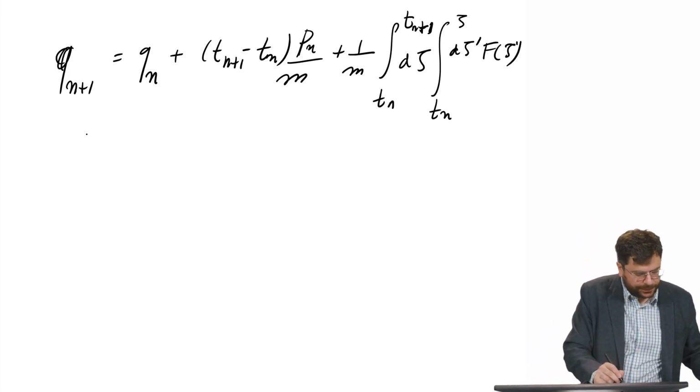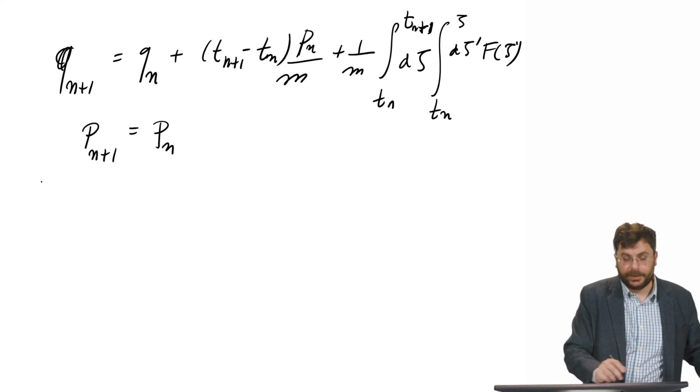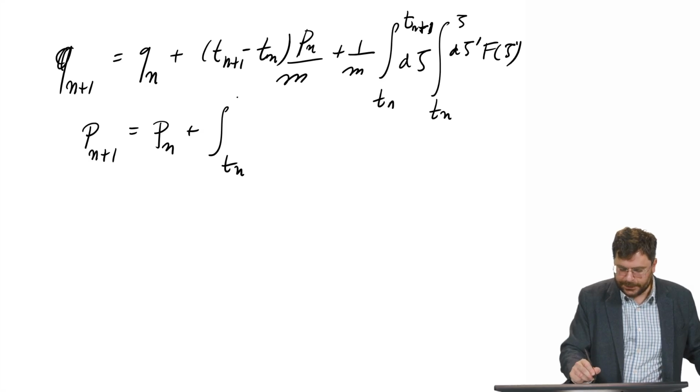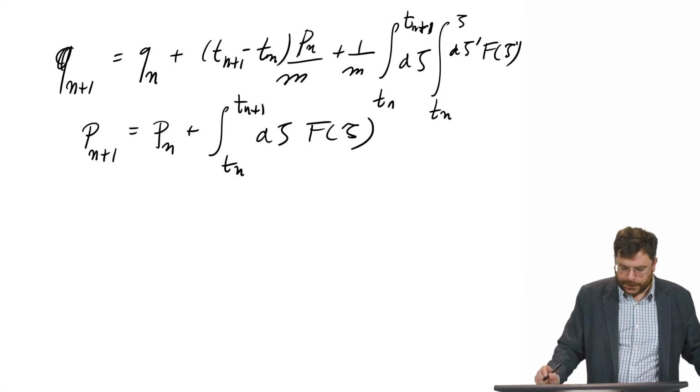And then I have for momentum in discrete time, Pn plus 1 equals Pn plus the integral Tn to Tn plus 1 of d tau F of tau.